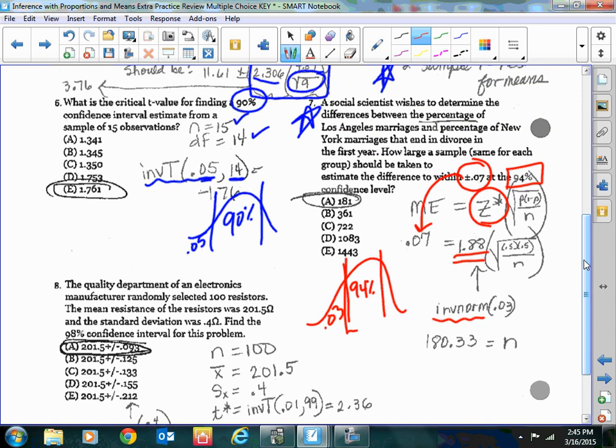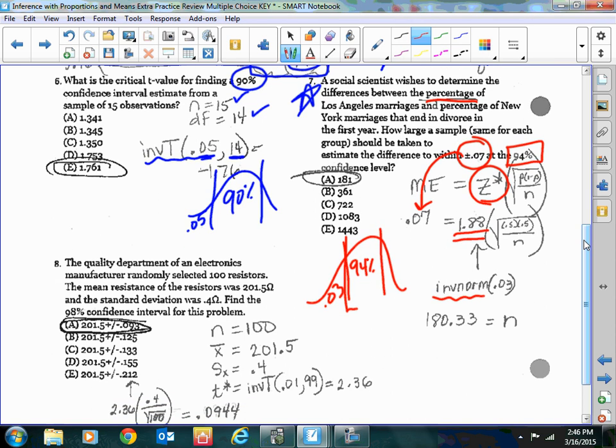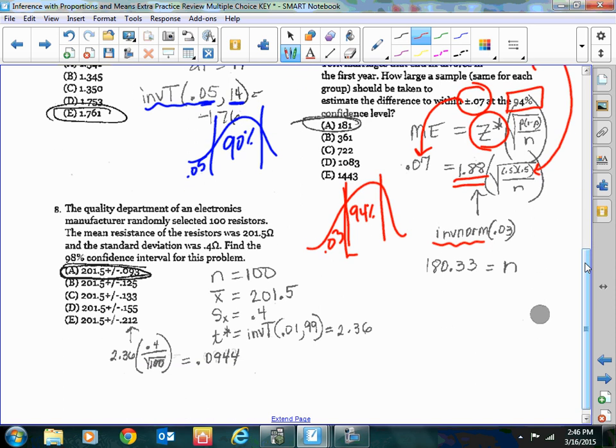And how did I know this was a proportion problem or a percentage? A social scientist wished to determine the differences in the percentages. So they're estimating the difference in the percentages. Okay, and guess what? They did not give me a p-hat value. So if they do not give you a p-hat value, then guess what you use? Your 0.5.